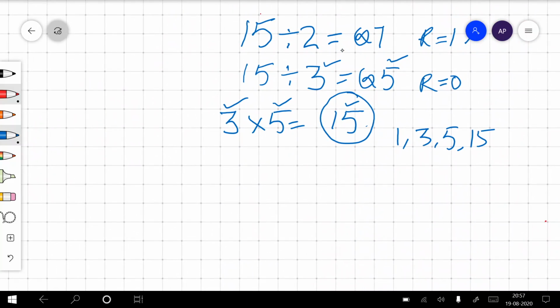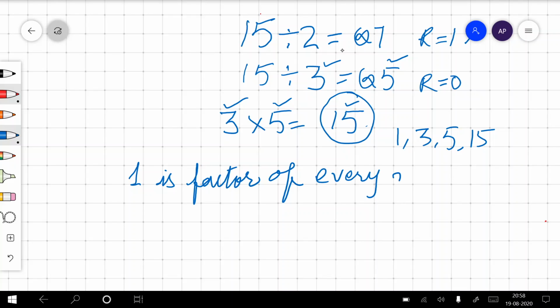Now we will do this. What are the properties of factors? The first property is that 1 is a factor of every number.